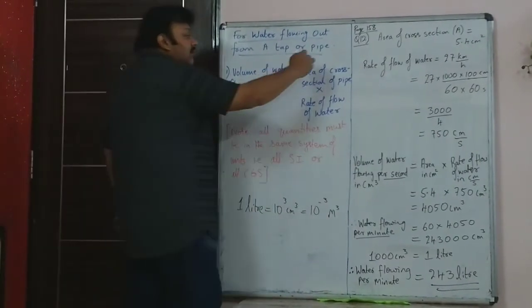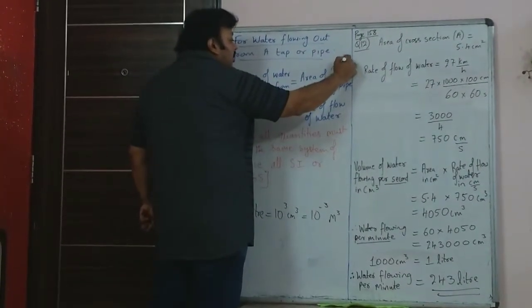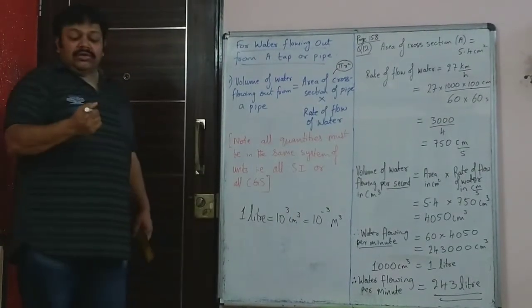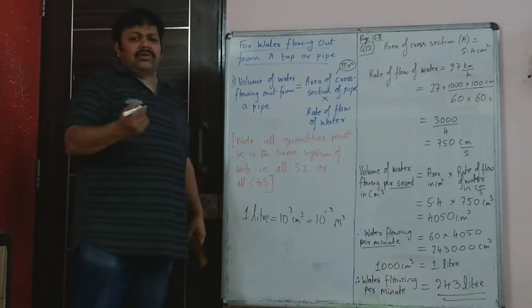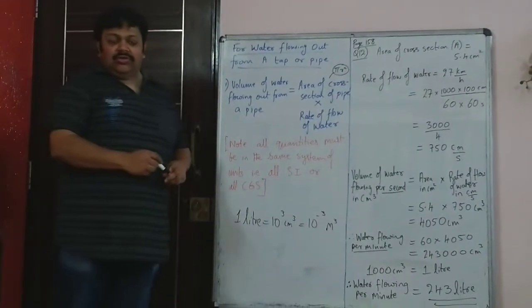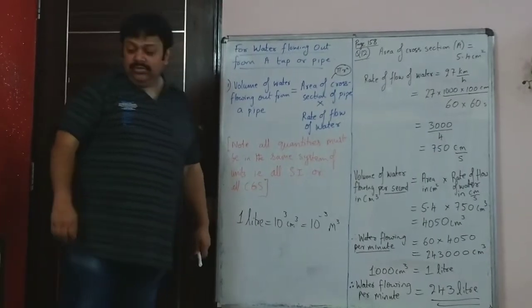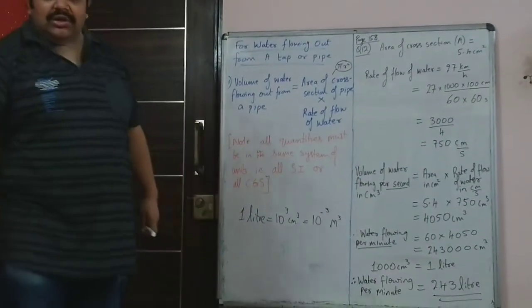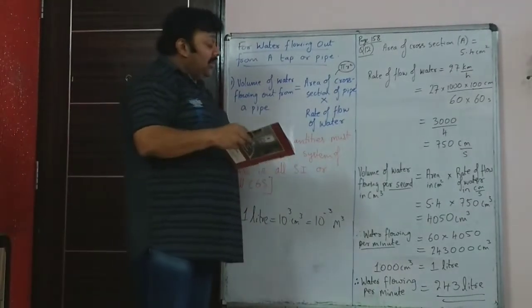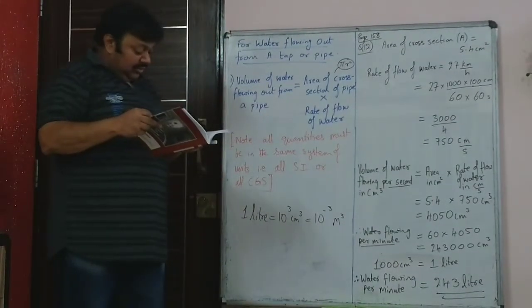And this area of cross section is usually pi r squared, that is if it is circular. Usually the pipes are circular, maybe in a sum or two it may be given square, but usually the pipes are circular. So with that we will see the question number 12 on page 158, the classwork sum.